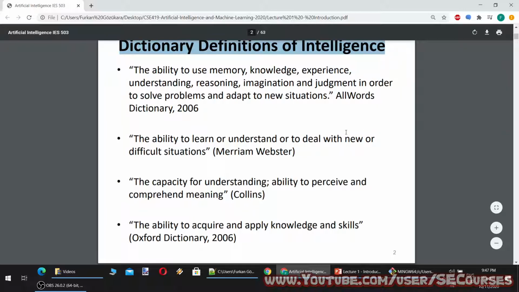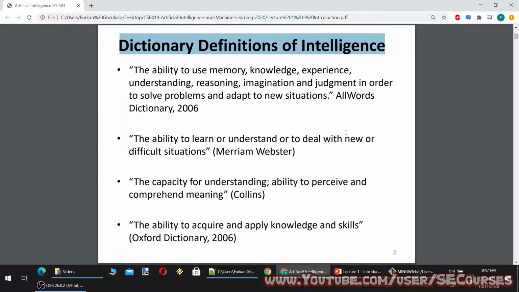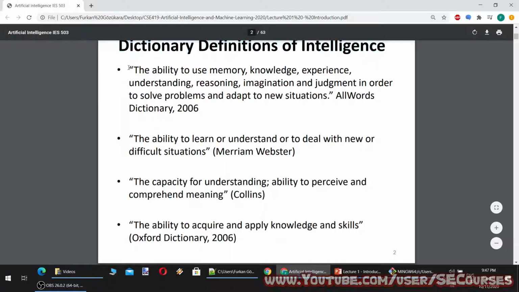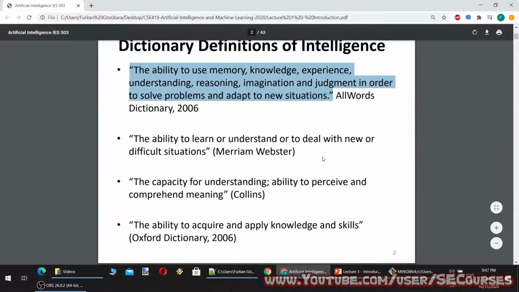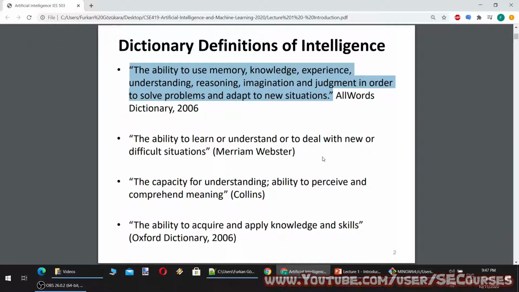Dictionary definitions of intelligence. So, let's take a look at the definitions of intelligence written in different resources. The ability to use memory, knowledge, experience, understanding, reasoning, imagination and judgment in order to solve problems and adapt to new situations.